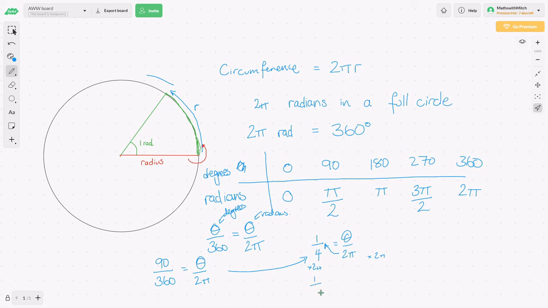So that gives 1/4 times 2 pi, which is the same as 2 times a quarter, which is a half. So that'll equal pi over 2. And that's what we said there. So you can use this to convert either way between degrees and radians.